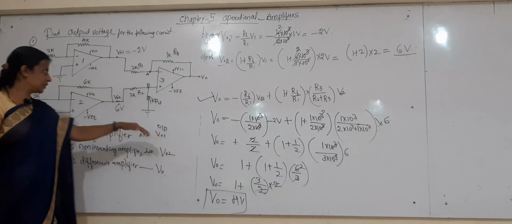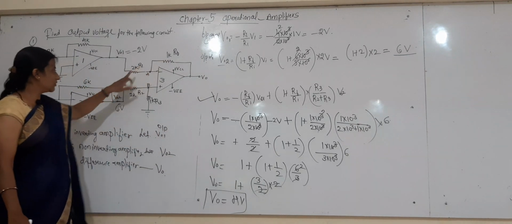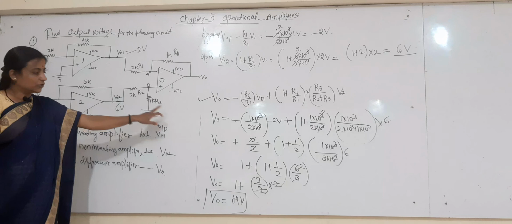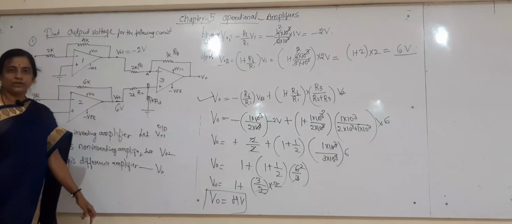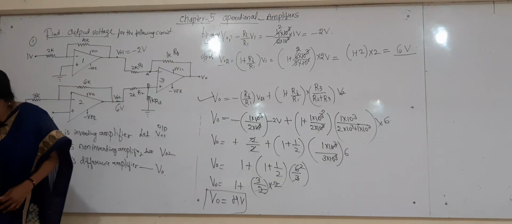Then go on substituting the values of RF, R1, R2 and R3. Then you will get the final answer as V0 is equal to 4 volt.